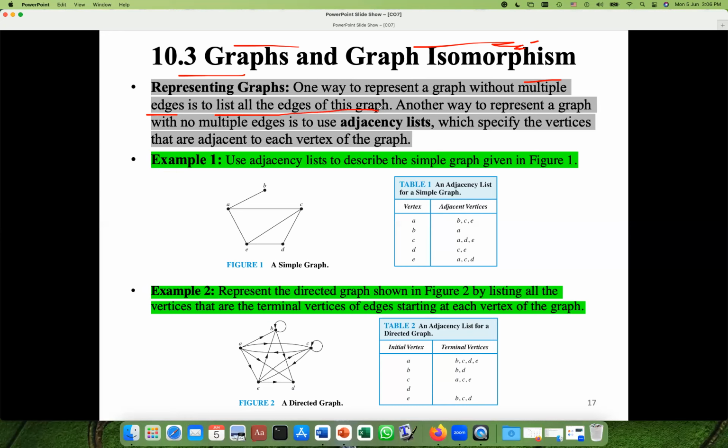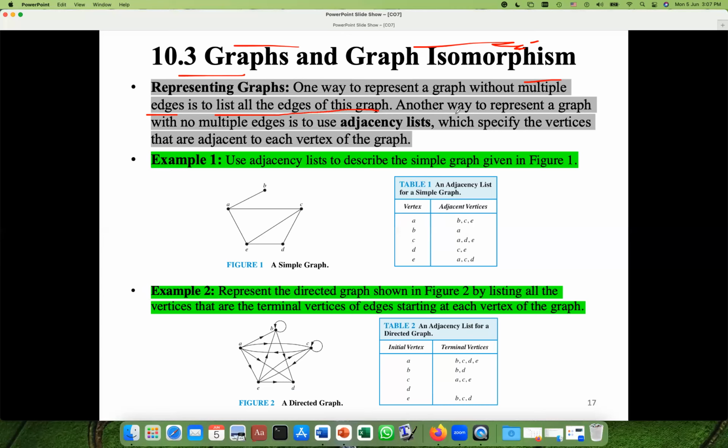If we list all the edges, for example, this edge A to B, okay, write it. A to C, okay, write it. A to E, all edges. After representing the edges in the form of a list, this is one way to represent a graph.